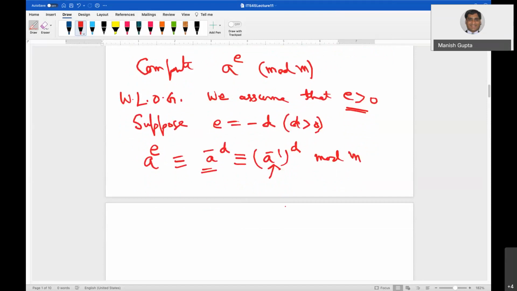So what you do here, let E, the exponent, which is a positive thing we have assumed, be something like Es minus 1, Es minus 2, dot dot dot E1, E0 in base 2. So Ei is either 0 or 1. Okay.